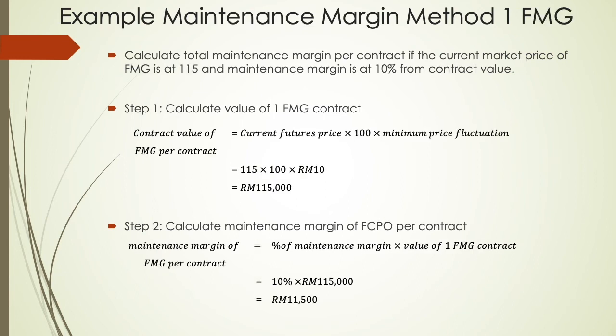This is for maintenance margin method 1 for FMG. First step, you need to calculate value of one FMG contract. So you get 115,000 ringgit. Then you take percentage of maintenance margin times value of one FMG contract. So maintenance margin of FMG per contract is 11,500.